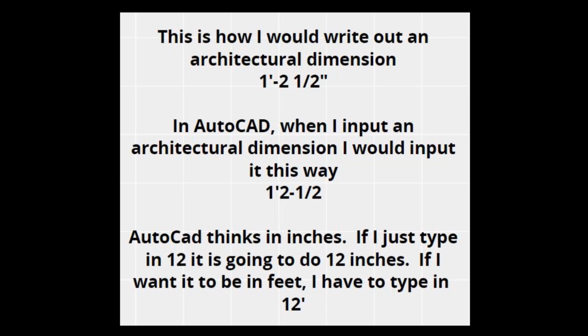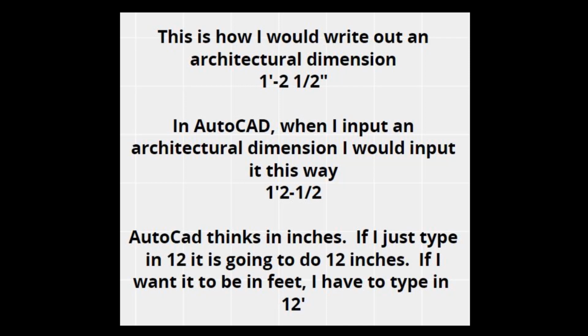The other thing to remember is that AutoCAD thinks in inches. So if I put in 12 and I don't put the foot or inch mark, it's going to assume I mean 12 inches. If I want it to be 12 feet, I have to put in 12 and the foot mark. The foot mark is the apostrophe, and the inch mark is the double apostrophe.